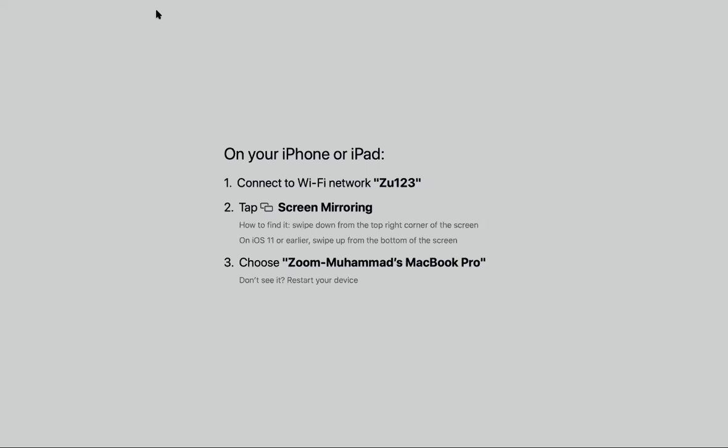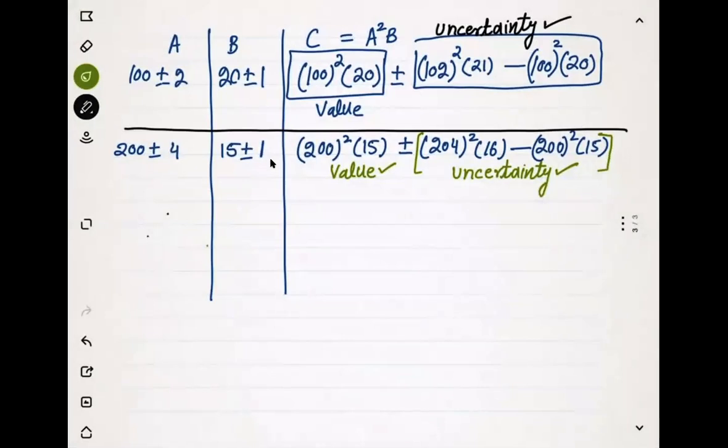And this is the value. Oh, 1 second, I have not shared the screen. So it was about this second row, which was not shared as a screen.